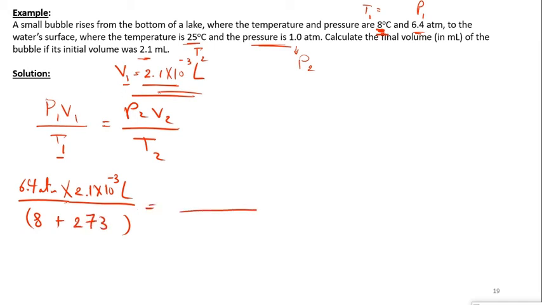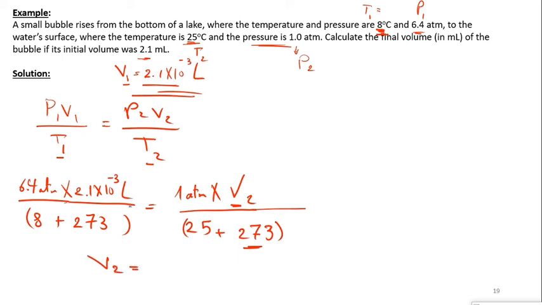And my P2 would be equal to 1 atmosphere multiplied by V2, which is the value I need to find, divided by the second temperature, which is 25 degrees centigrade. If I convert it to Kelvin, I have to add 273. So V2 would be equal to, I can multiply these together and divide by this value, and the final value of V would be equal to 14 multiplied by 10 to the power minus 3 liters.